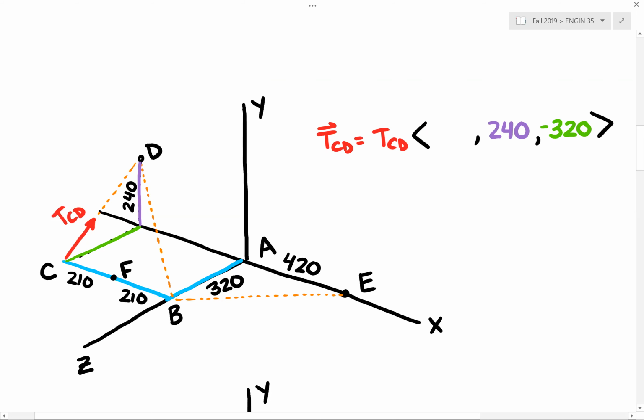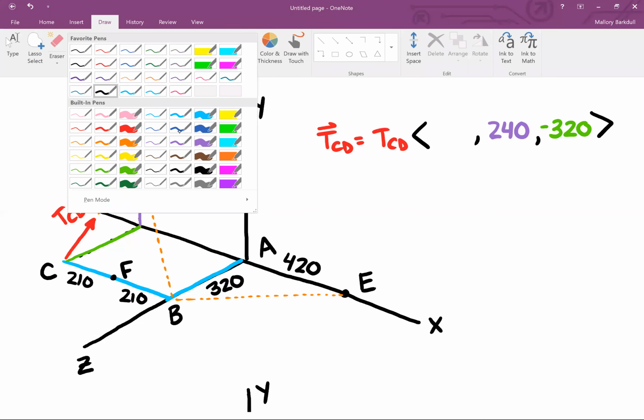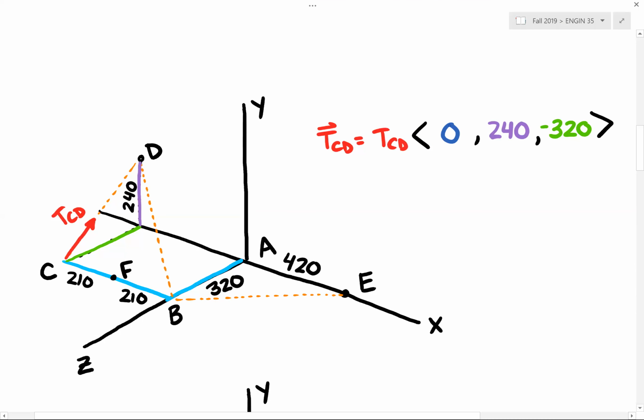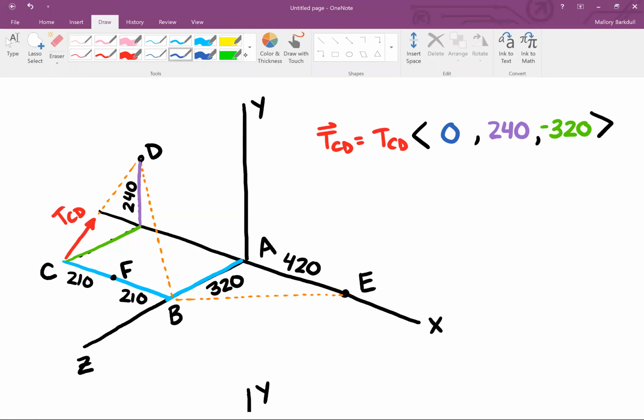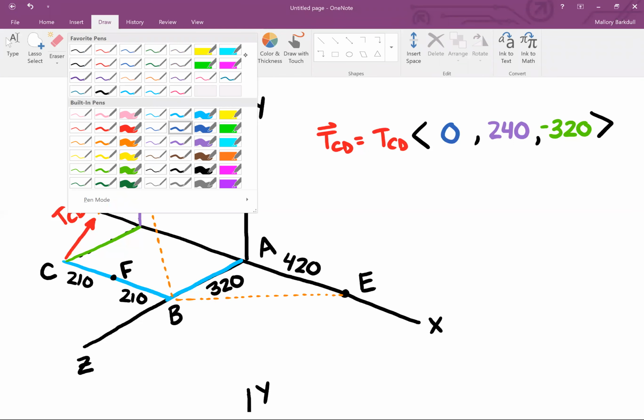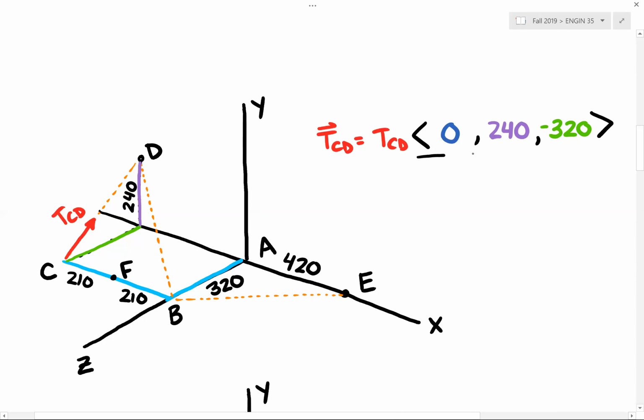And once I have gone both of those directions, I'm at D, so I don't need to go any direction in the x direction. So then my x component here is 0. And then all of this needs to be divided by the total length of the CD vector, which is 240 squared plus 320 squared.